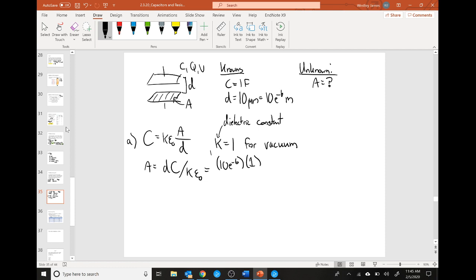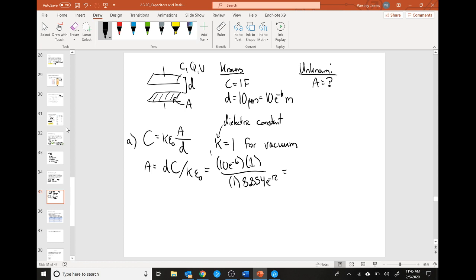So 1 divided by 1 times 8.854 e to the minus 12. All I did was plug in the values for all these variables, and we get a number. 10 e to the minus 6 times 1 divided by 8.854 e to the minus 12.